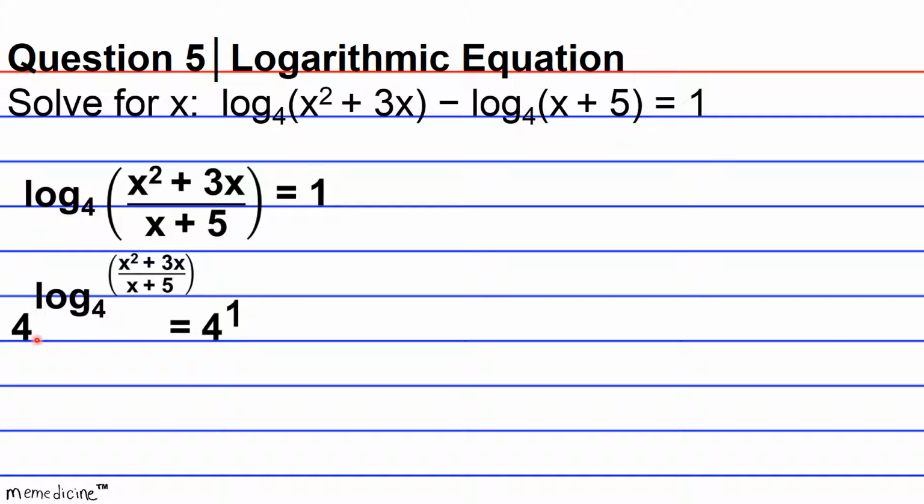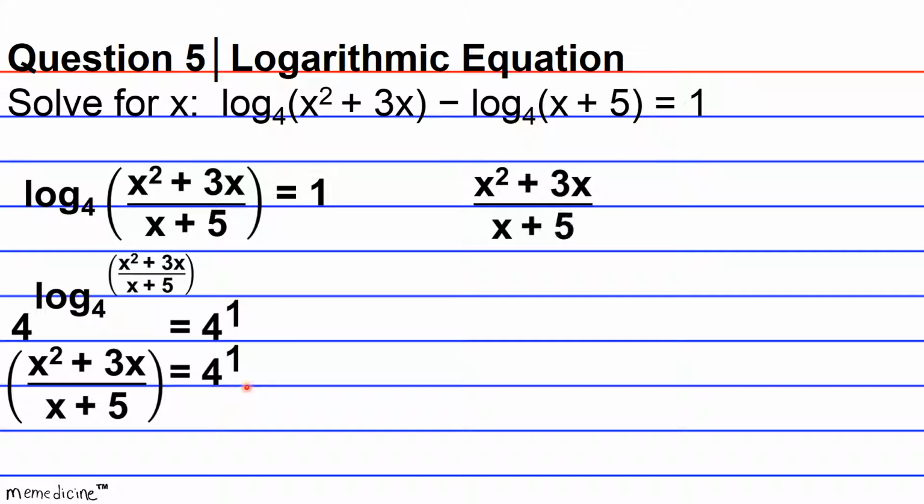Let's represent this. Now that the equation is rewritten in exponential form, with our exponent on the right-hand side, we can more easily solve for x. We evaluate the term on the right-hand side, and we get that x squared plus 3x divided by x plus 5 is equivalent to 4.